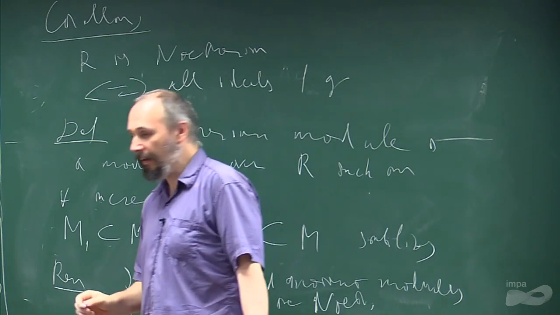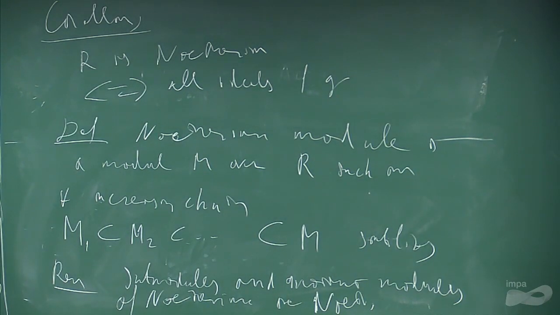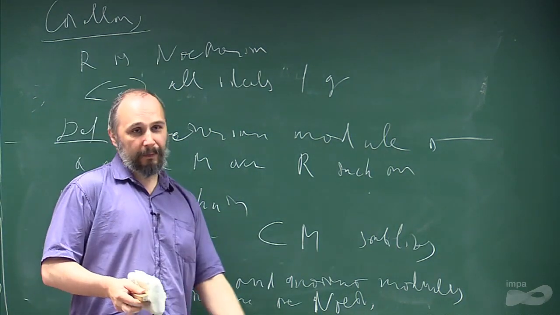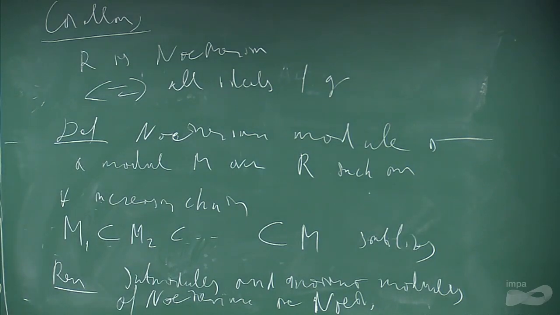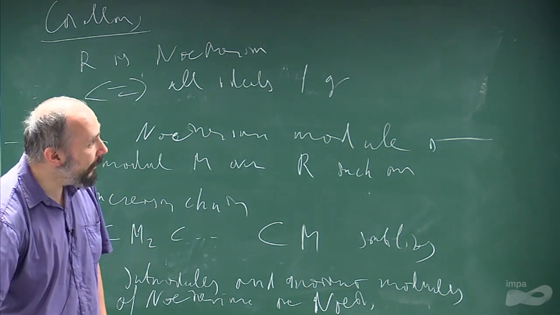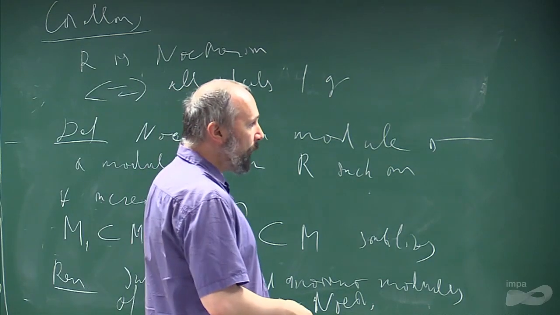This should be clear, right? If you have a submodule, you have a chain inside, it gives you a chain in M. If you have a quotient module, you have a chain. You just take its preimage like we did with ideals. And this would give you a chain in your module.